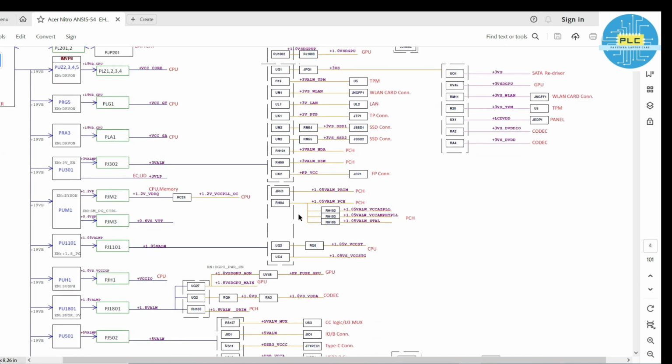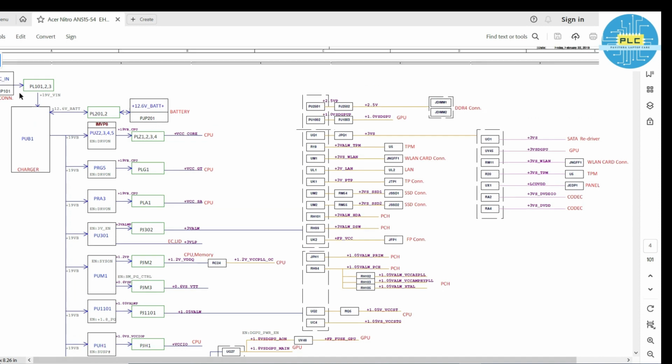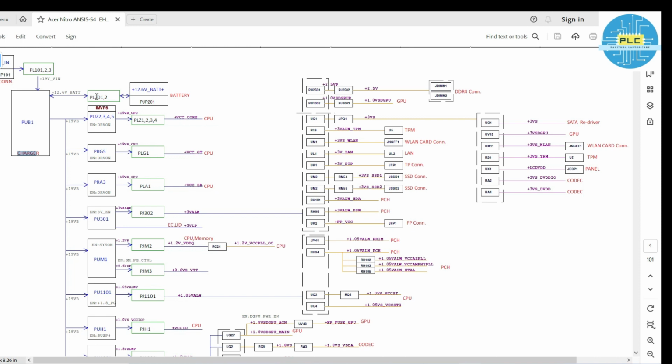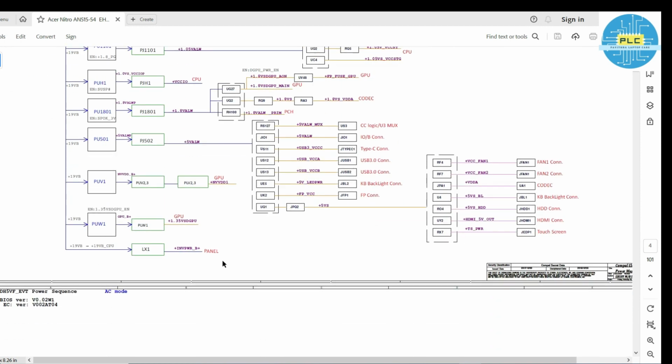See, here is a block diagram. Here DC jack, DC in: the first voltage that goes to the laptop is called the DC in circuit. That circuit is connected to the charger circuit, and the charger is directly connected to all these circuits till here.